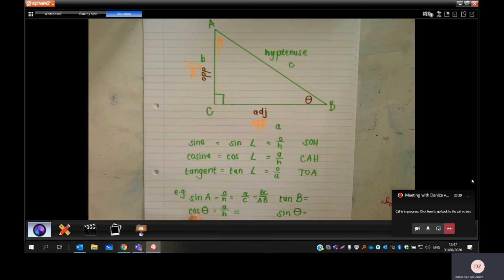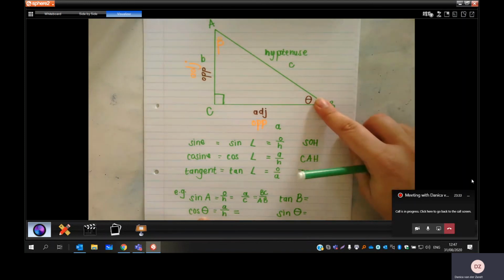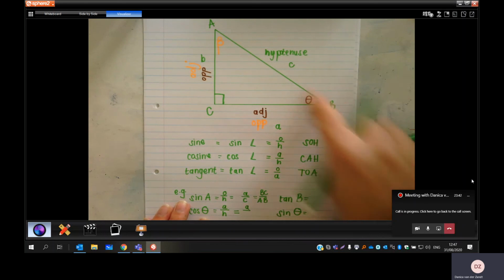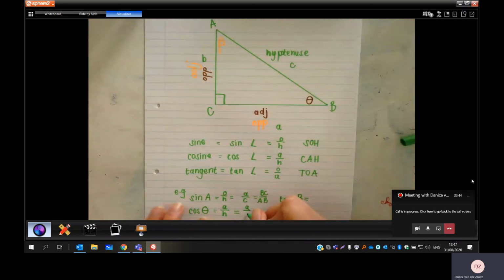Because I'm going to cos theta, which is adjacent over hypotenuse, but in this case, luckily, my adjacent is called little a and my hypotenuse is little c. But I can also use the two-letter system if the little letters confuse you.